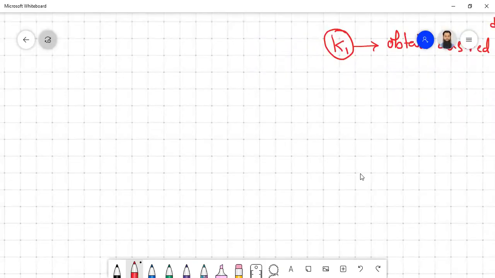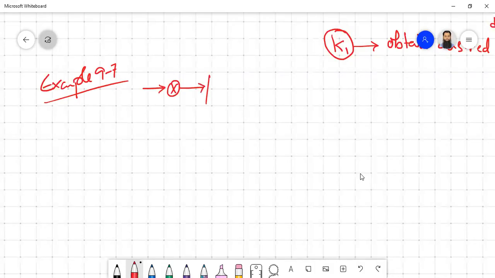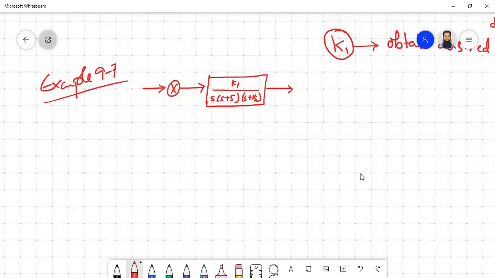Example 9.7 says that a particular uncompensated system is provided: K1 by s plus 5, s plus 15. This is the unity feedback system given, the uncompensated system.